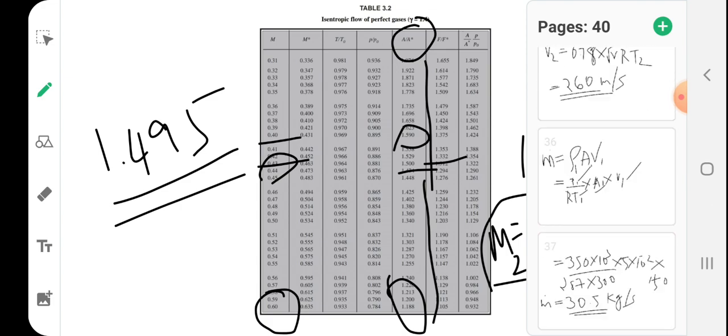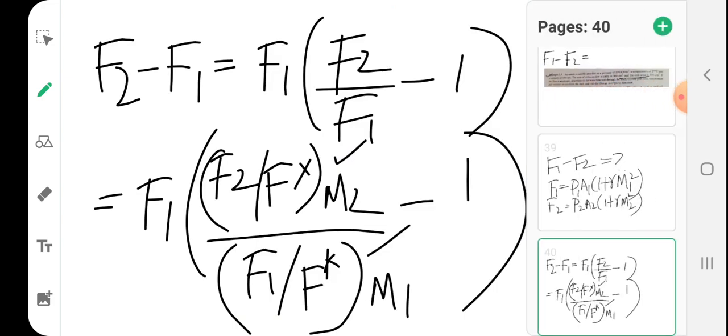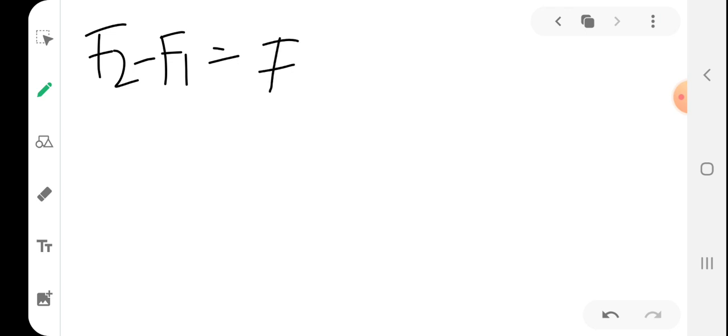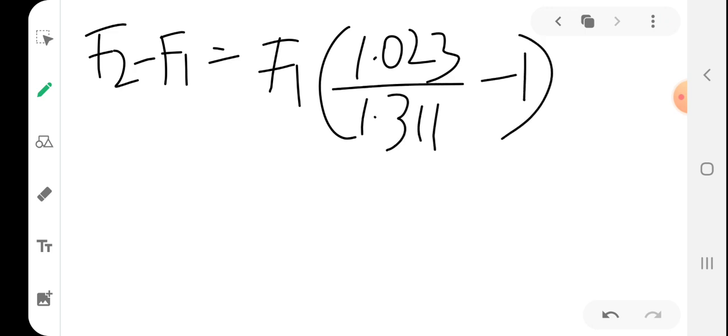Students, you can substitute the values like this: F2 minus F1 can be written as F1 into (1.023 by 1.311 minus 1). But the value of F1 you have to find out.